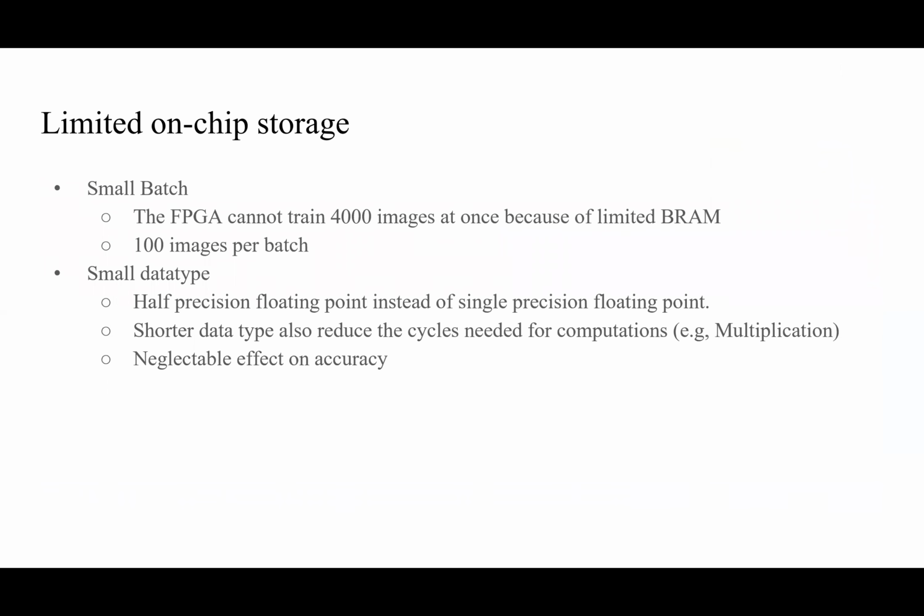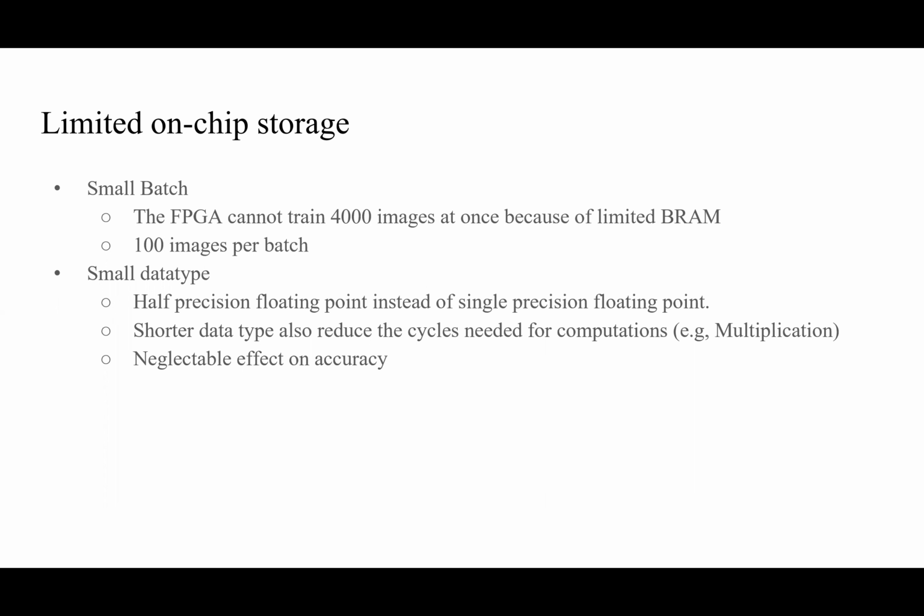So let's talk about limited on-chip storage here. The FPGA that we use cannot train 400 images or 4,000 images at once because of limited VRAM. So we choose to separate the training into small batches, and we choose to train 100 images per batch so that the FPGA is able to store the images.